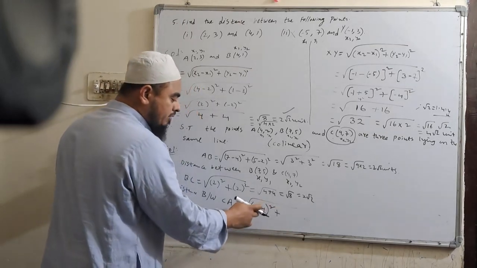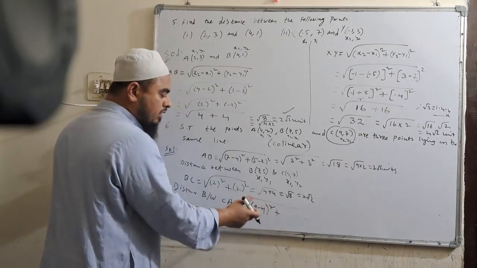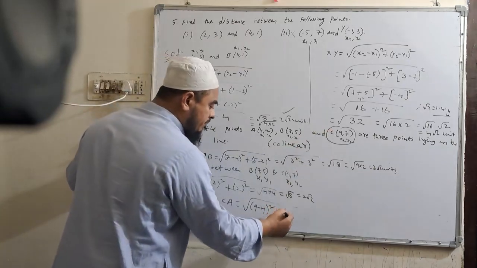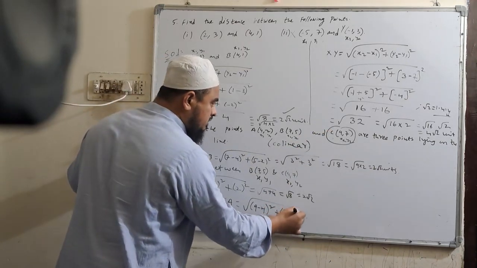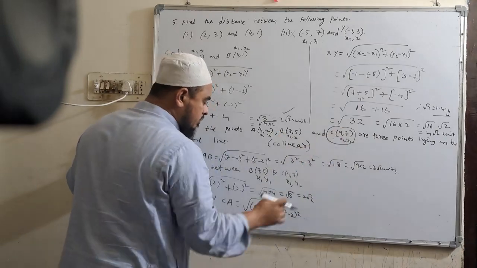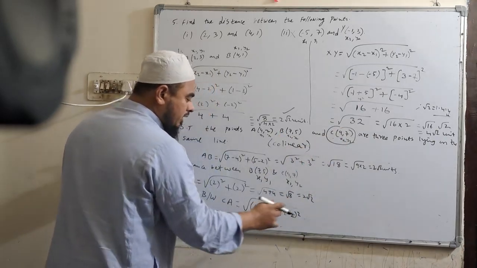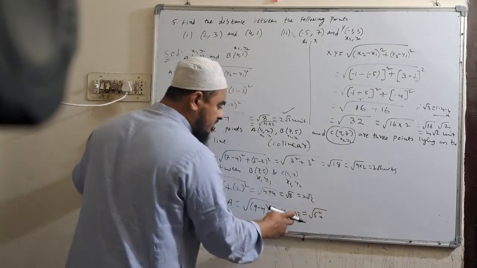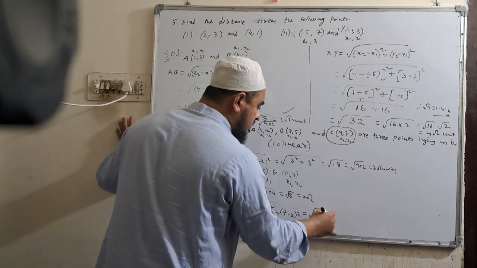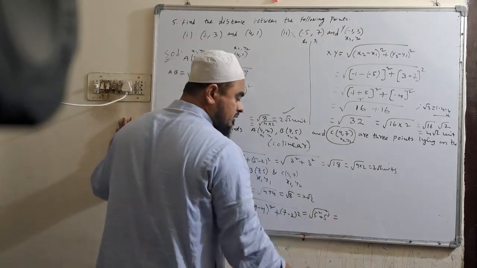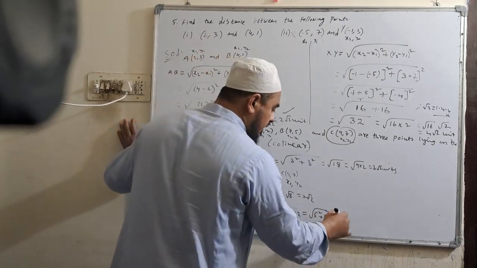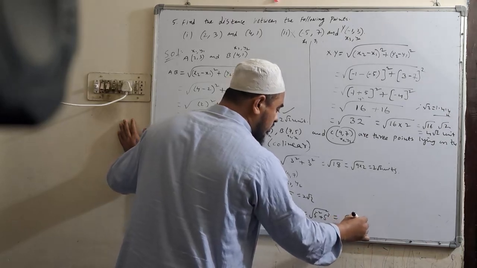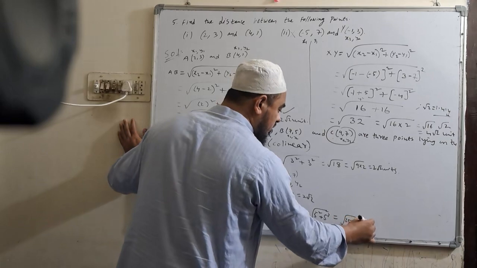Since we have a square, 4 minus 9 is also okay. Next y2 minus y1 square is 7 minus 2 square. So 9 minus 4 square is 5 square. Here also we got 5 square. So 5 square is 25. 25 plus 25 is 50. So you can write 50 as 25 into 2, and root 25 is 5, so 5 root 2.